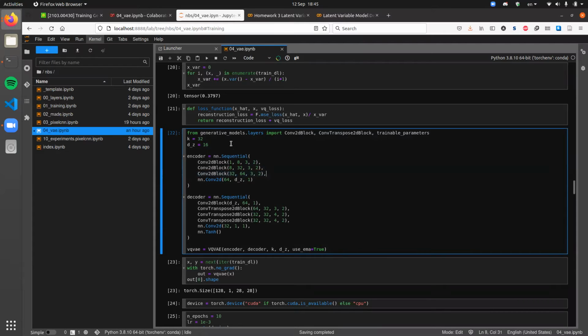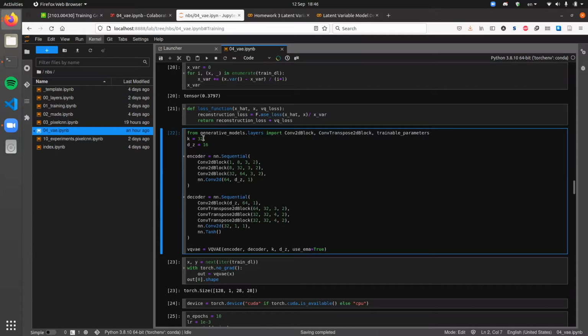We essentially go from the original MNIST image, which is 28 by 28, to a 4 by 4 latent code. And I use 16 for the dimension of the latent variable and only 32 entries in the codebook.